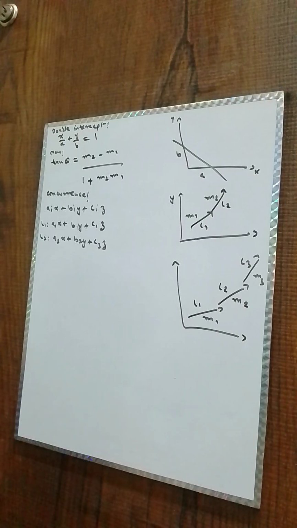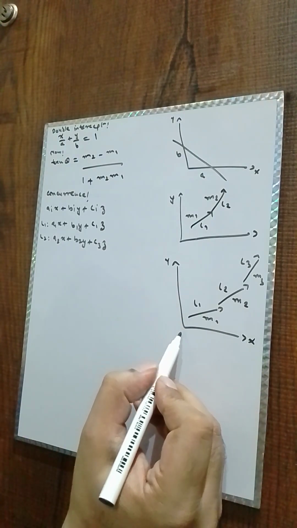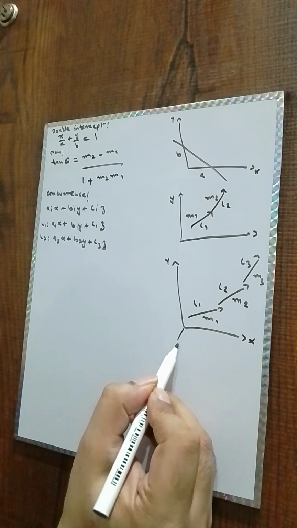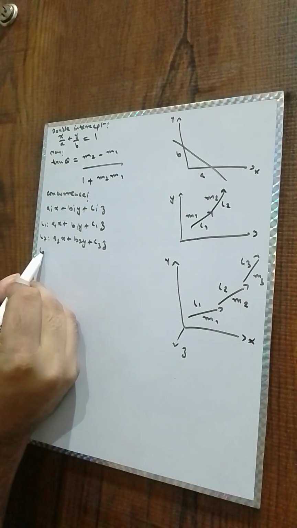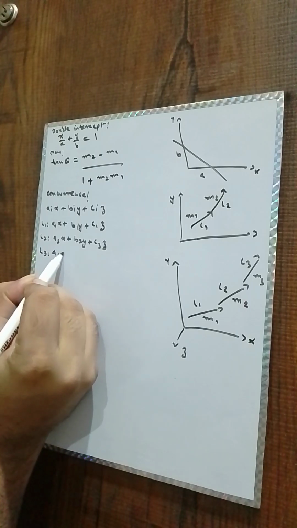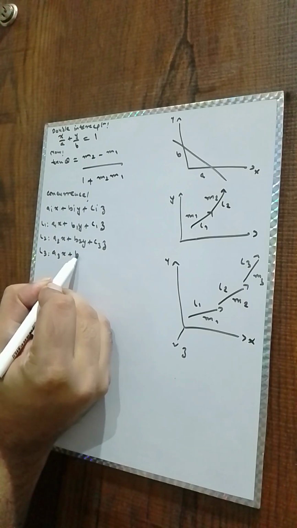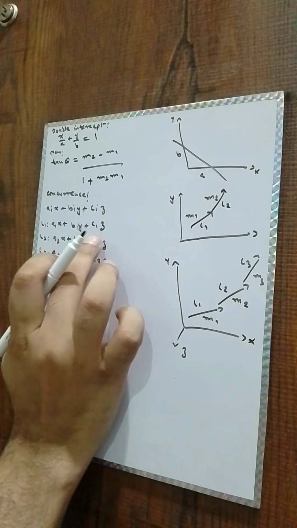Okay, this is in the 3D space, not just x and y, but also z, which is not explained here, but this is very much possible. L3 is equal to a3x plus b3y plus c3z.